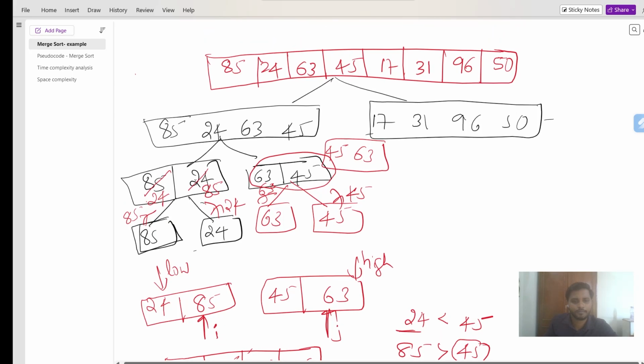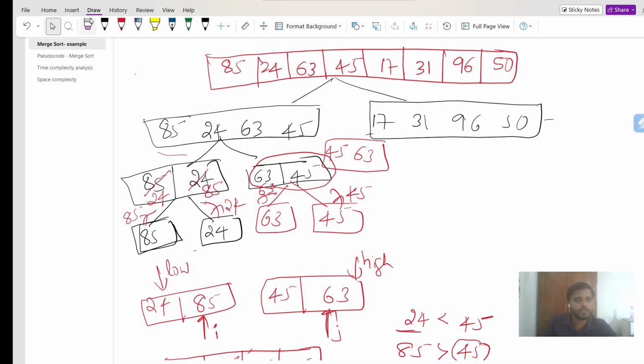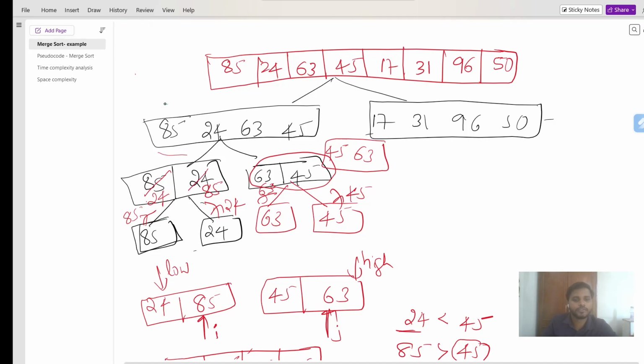Similarly, what is the resultant array after performing the merge operation? This array will be rearranged as 24, 45, 63 and 85. Similarly, this will be rearranged as 17, 31, 50 and 96.